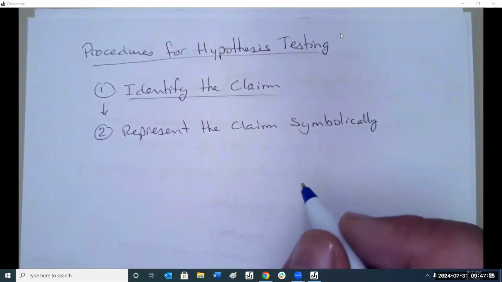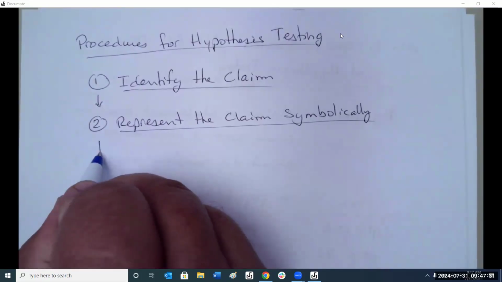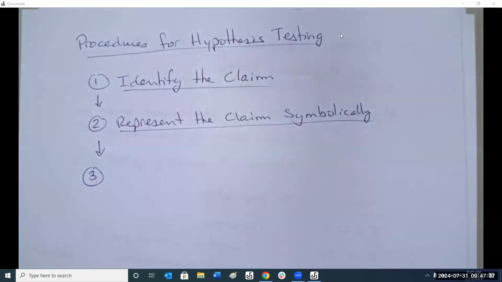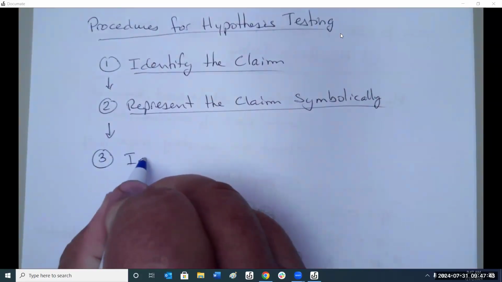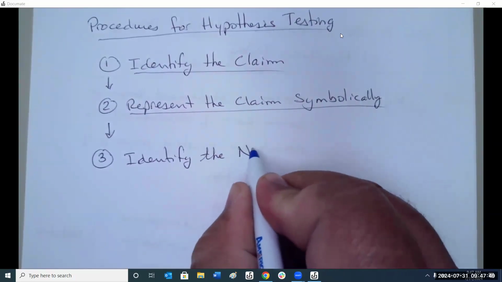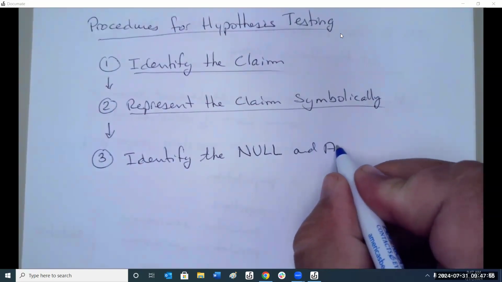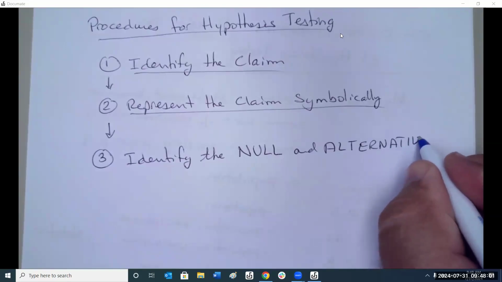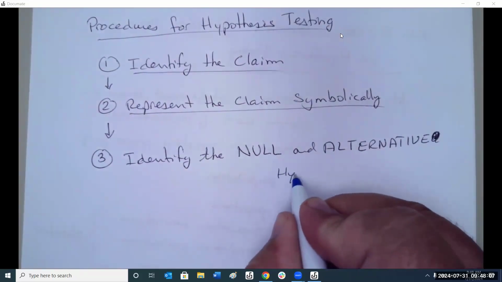This is where you use the less than, equal to symbols. Once you represent whatever your claim is, now comes the separation of the pieces. Identify the null and alternative hypotheses.